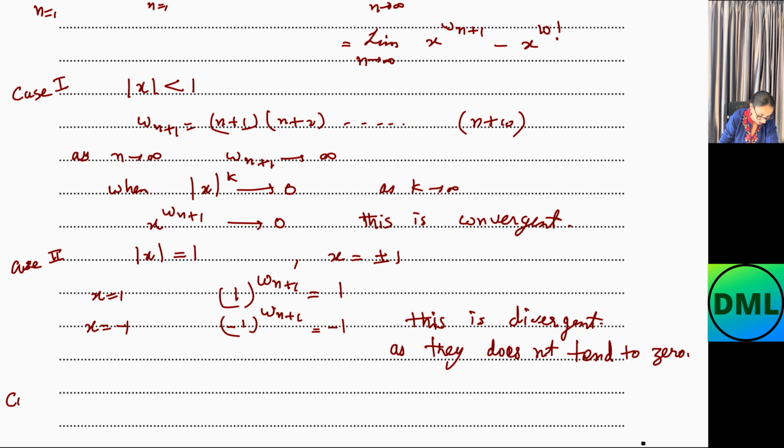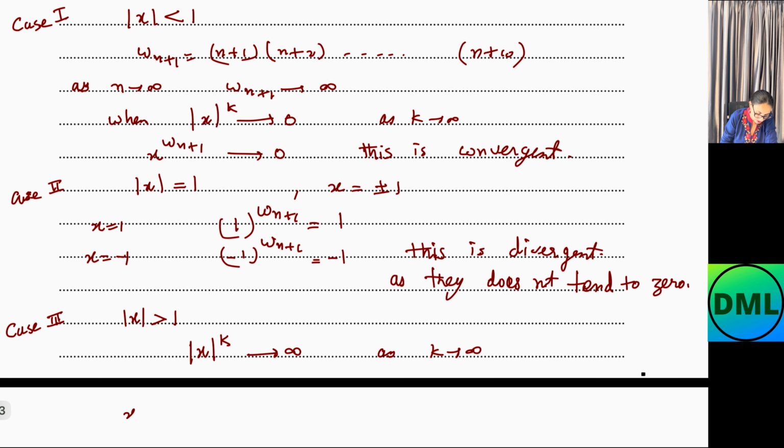Let's see the third case here, when mod of x is greater than 1. When mod of x is greater than 1, mod of x raised to the power k tends to infinity as k turns to infinity. This shows you that x raised to the power wn plus 1 tends to infinity as wn plus 1 tends to infinity.